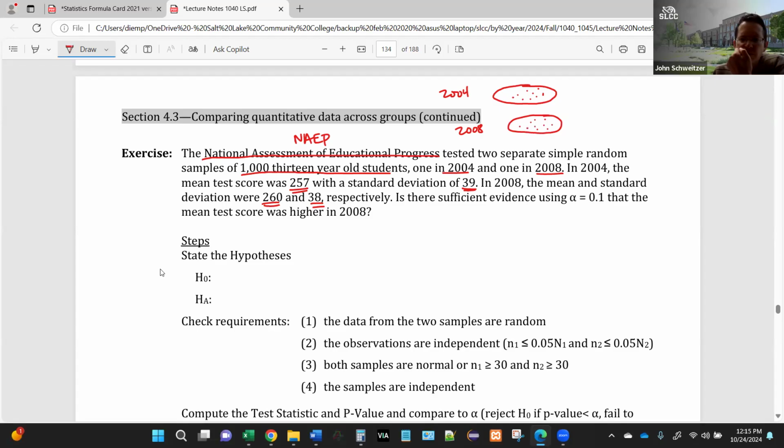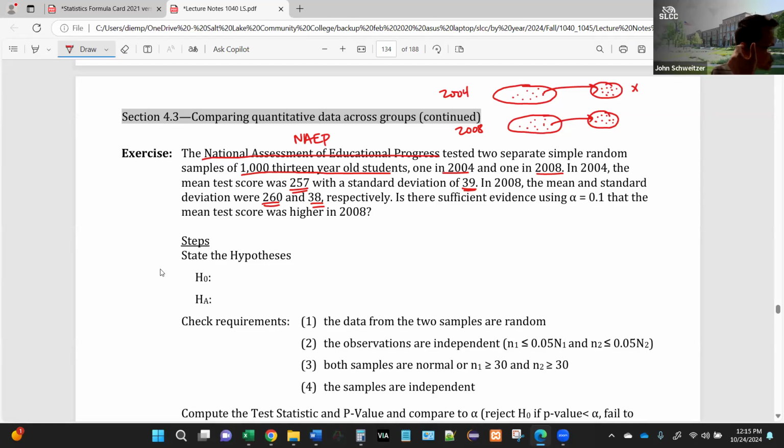I would imagine there's at least a million 13-year-olds, right? At any point in the country, maybe a lot more than that. So when you have a million people, unless you work for the company or the department that administers the test, you can't really get your hands on all the data, right? So we have a sample, and so we have 1,000 students from 2004.